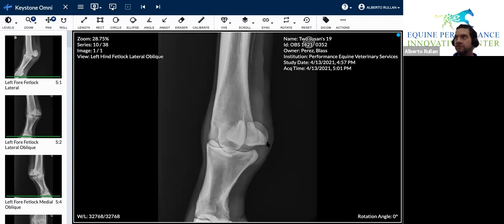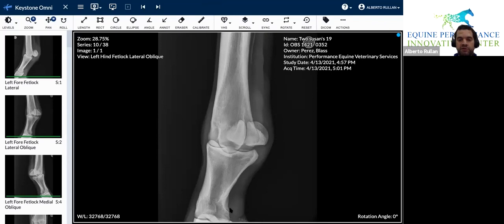Every single one of these points that I have mentioned can get fragments, and it's very important to find them. Then again, apical sesamoid, going down to the base of the sesamoid and looking for fragments or spurs.